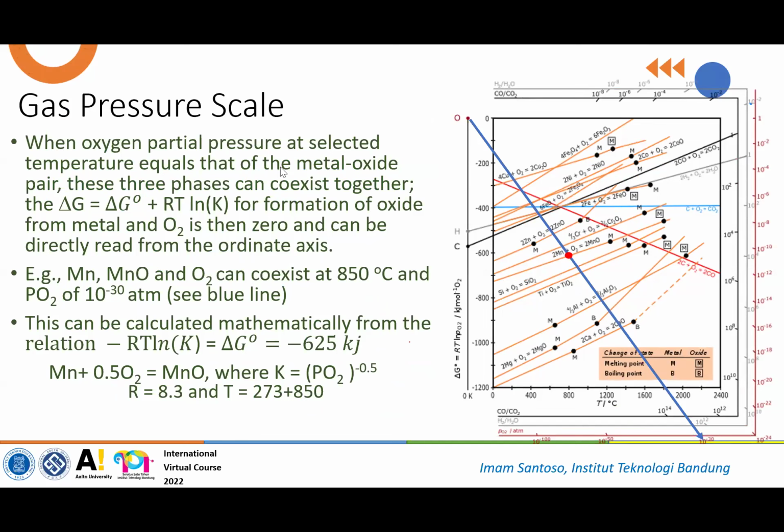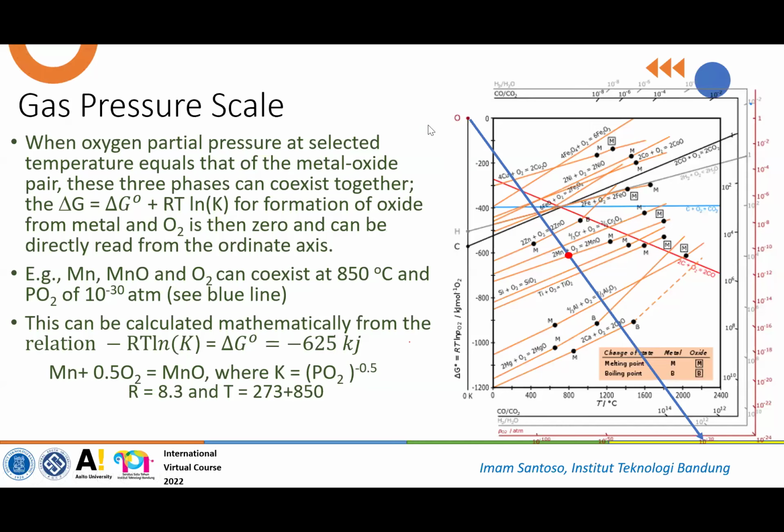Gas pressure scale. Because the Ellingham diagram of Gibbs energy, you can see here in the scale, delta G naught equals RT ln PO2.